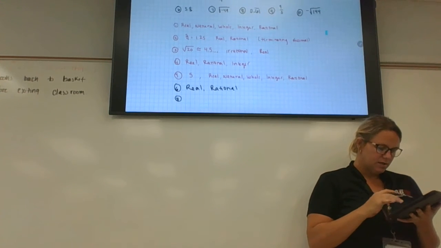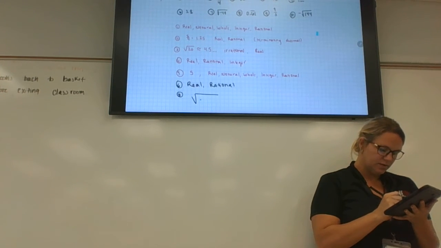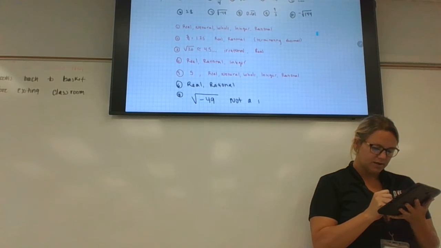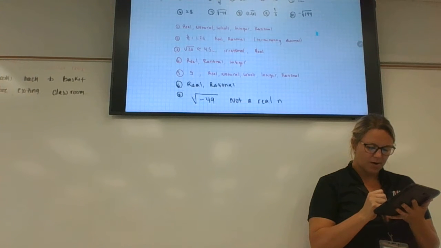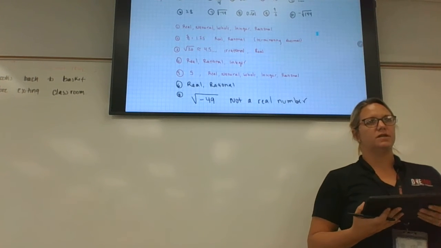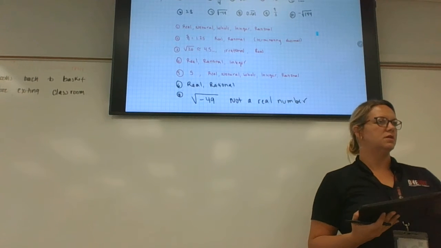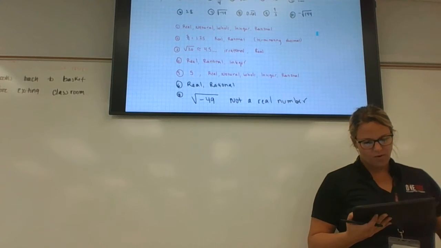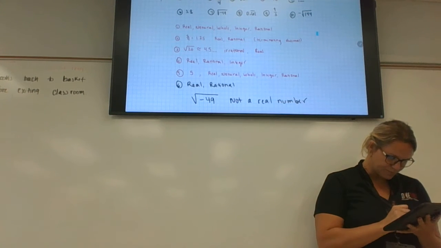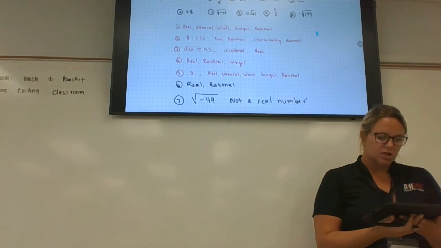Number 8, the square root of negative 49 is not a real number. That's all we're going to say about it. Okay, it doesn't get any of those classifications. Sorry to confuse you. So we're just going to call that not a real number.